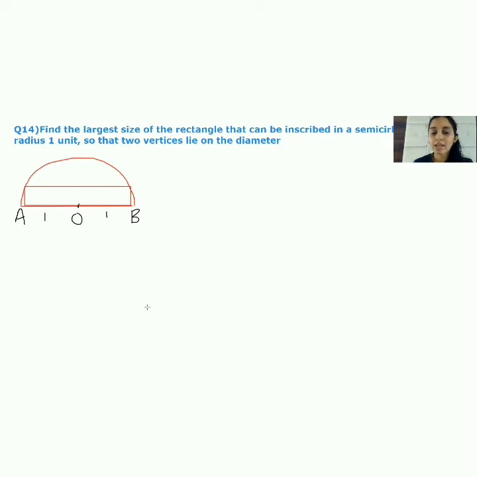Now find the largest size of the rectangle. That means you have to find the length and the breadth of this rectangle that can be inscribed in a semicircle of radius 1 unit. So I have put in the radius as 1 unit so that two vertices lie on the diameter. Basically this is your length of the rectangle. Now what I'm going to construct here is a small triangle.